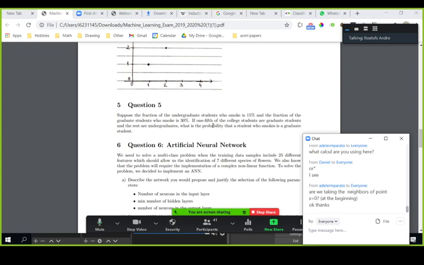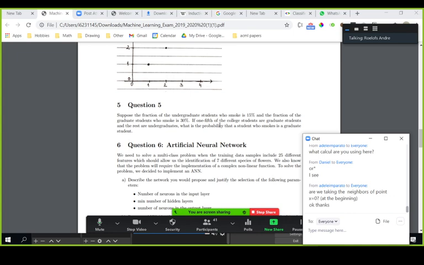Okay, right. So I'm gonna just ask you guys to do it. Can somebody in the chat tell me what I have to do? How do I calculate the probability that a student I randomly took from the whole university is a graduate student who smokes? Yeah, so first you take the probability that they're a graduate student or an undergraduate student, which is 20 and 80 respectively.